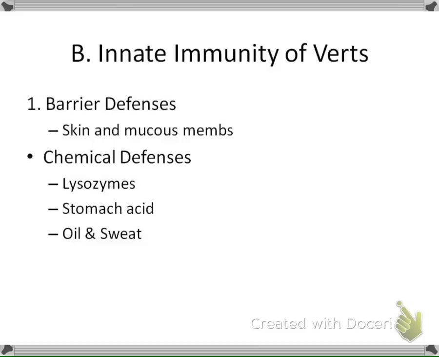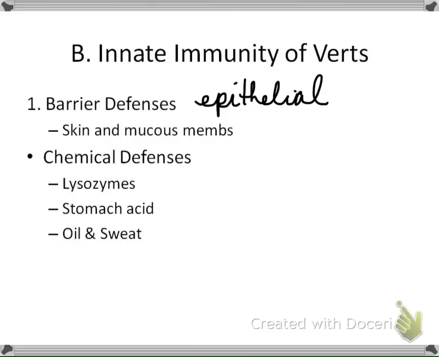Innate immunity of vertebrates. Barrier defenses mainly have epithelial tissues. Epithelial tissues block the entry of harmful viruses and bacteria.